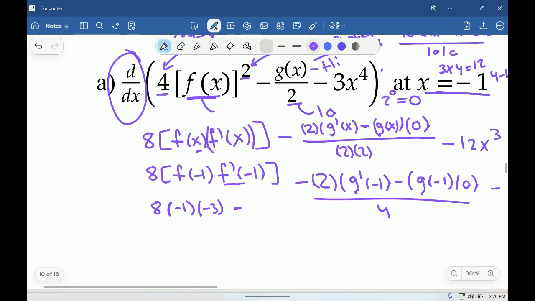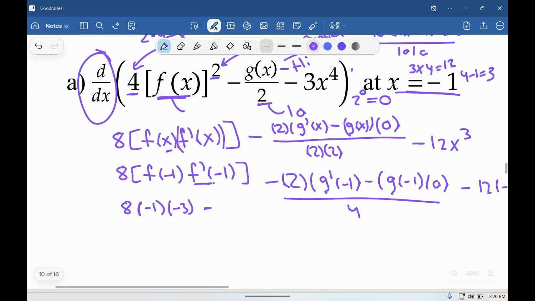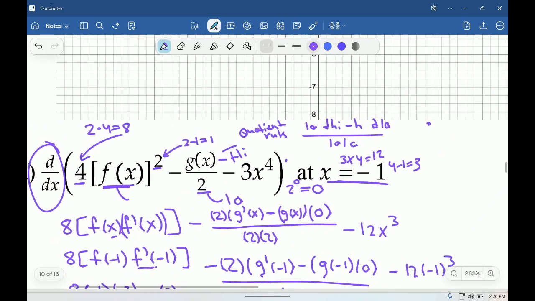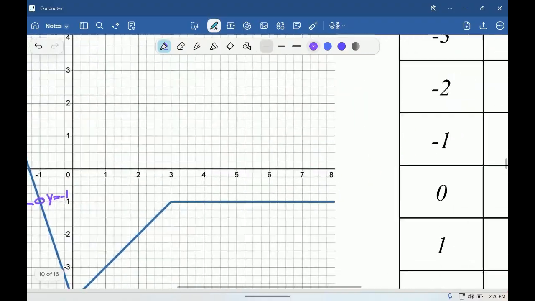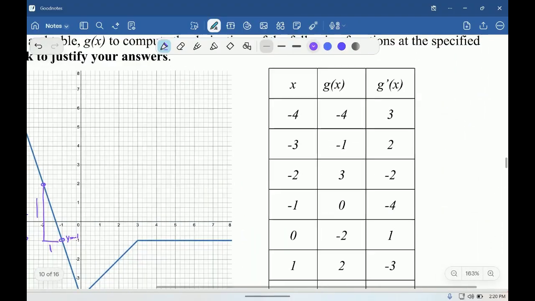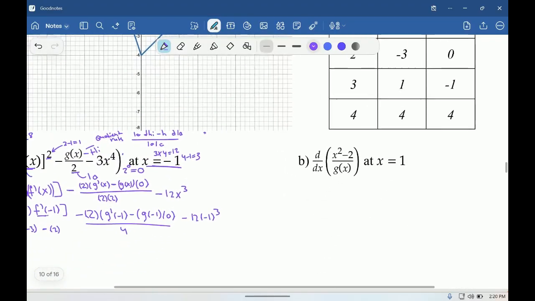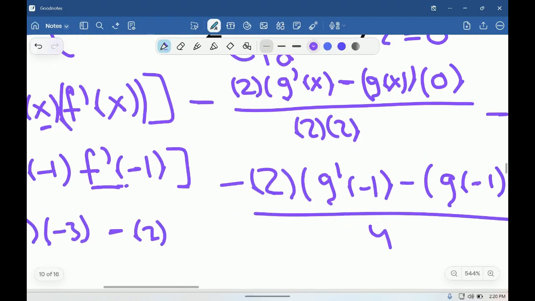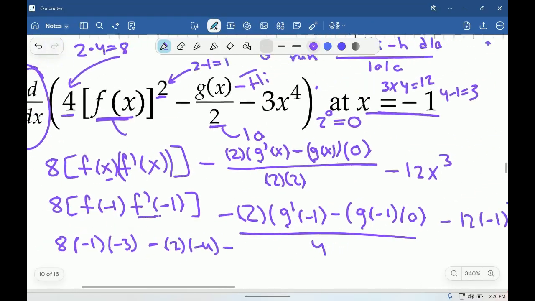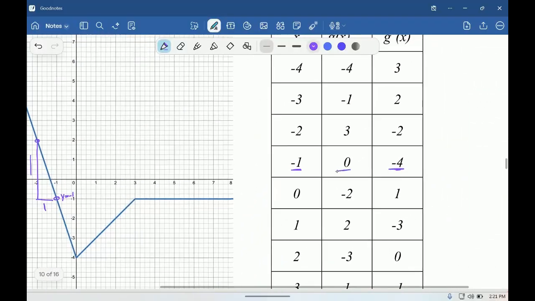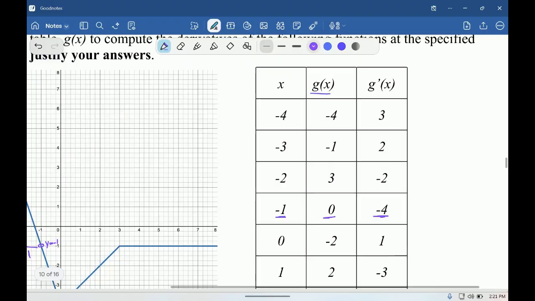And then we're going to want to find our values from the chart. For g prime or derivative of -1, we can look over here. We can see that the x of -1 is going to be here. And we can see that that is going to be -4. So we're going to plug that in. -4 minus g of -1, which we can see over here is going to be 0.